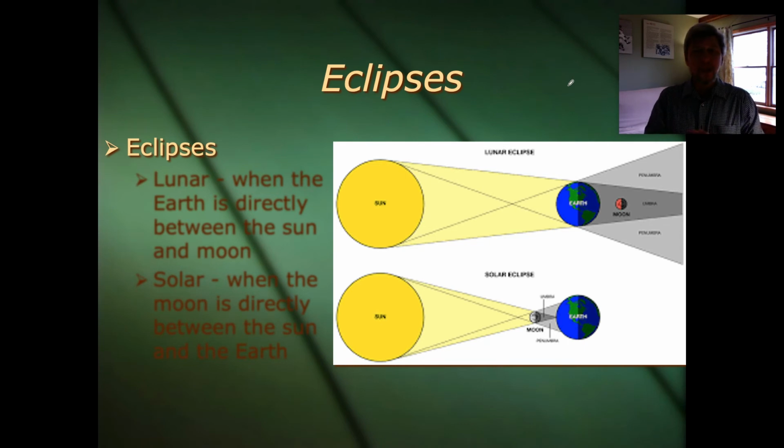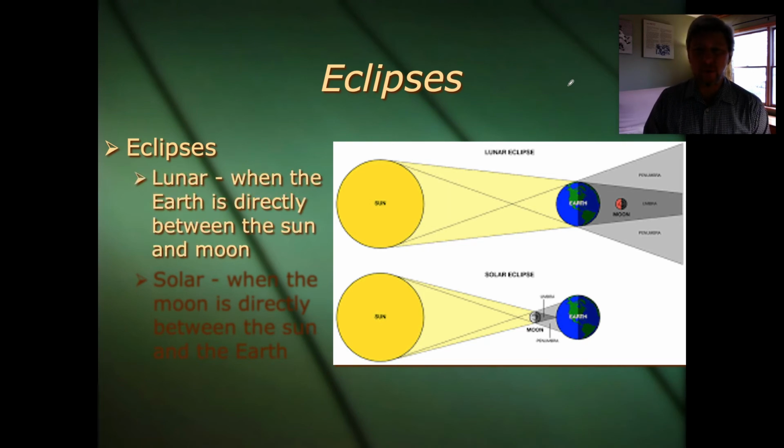All right. In a lunar eclipse, what that means is that the moon disappears. Well, whose shadow is covering up the moon? Well, it turns out that that is the Earth's shadow. All right, the top diagram here shows what happens in a lunar eclipse. The light from the sun shines on the Earth, and there's an area here which is called the umbra, UMBRA.